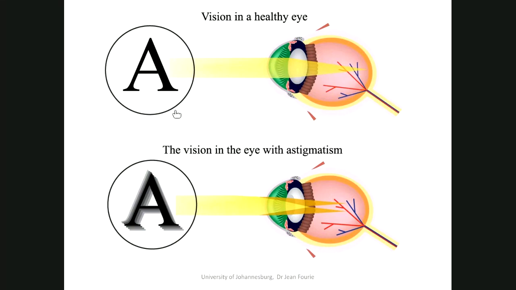If there is an astigmatism, that means that the cornea is misshapen. The light is coming in and it is focusing on different places of the retina.